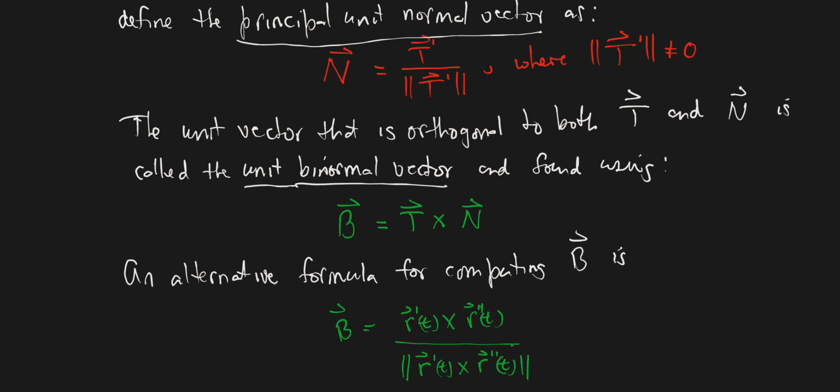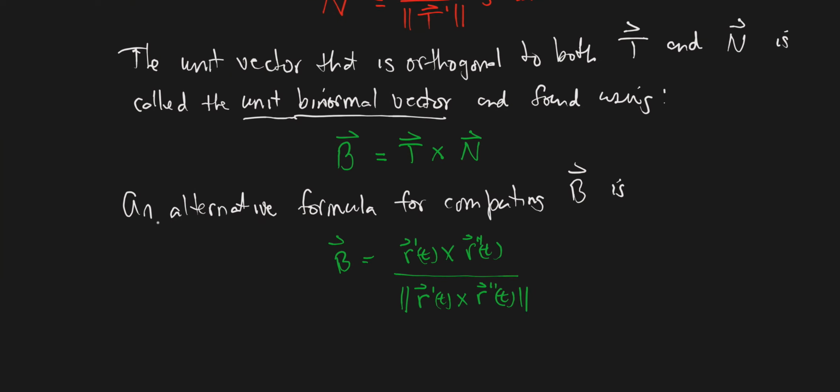So this way is slightly more direct. I mean, here you have to find the T and the N and then do the cross product. Here you can just find your first and second derivatives of the vector function and then compute the cross product of that, right? That gives you the direction that's orthogonal to T and N, but then you have to normalize it since we want all of these vectors to be unit vectors, all right?